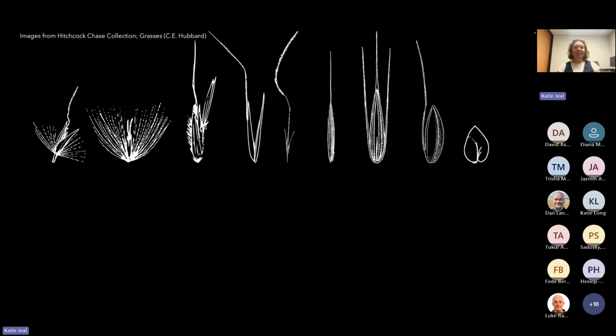Across the grasses, lemma morphology is highly diverse, and we see lemmas that lack awns, awns that initiate from the distal tip, and awns that initiate more proximally. Taking this further, from just where the awn initiates, the morphology of the awn itself is also highly diverse. So we have straight awns, twisted geniculate awns, and some more unique awns such as this feathery one as well.